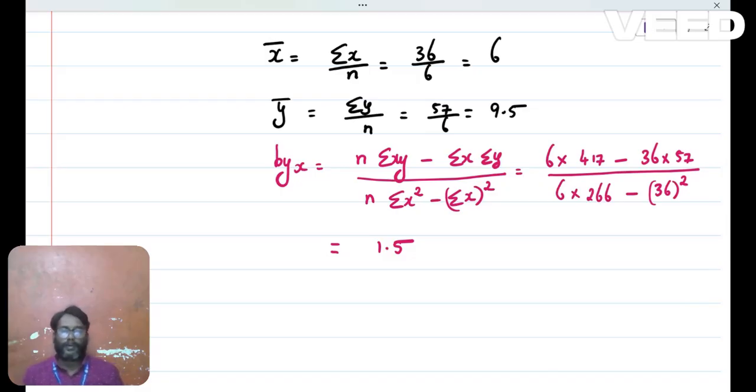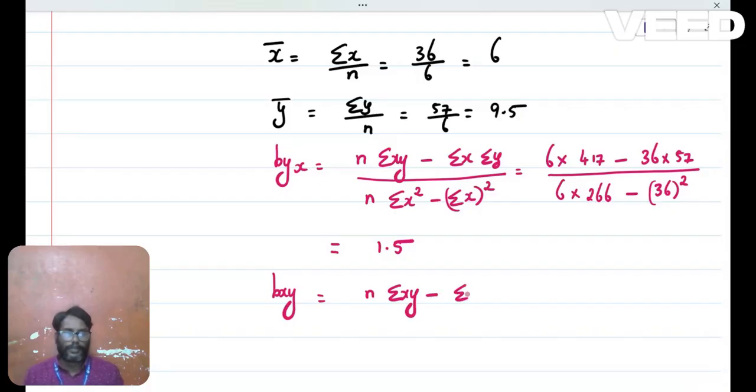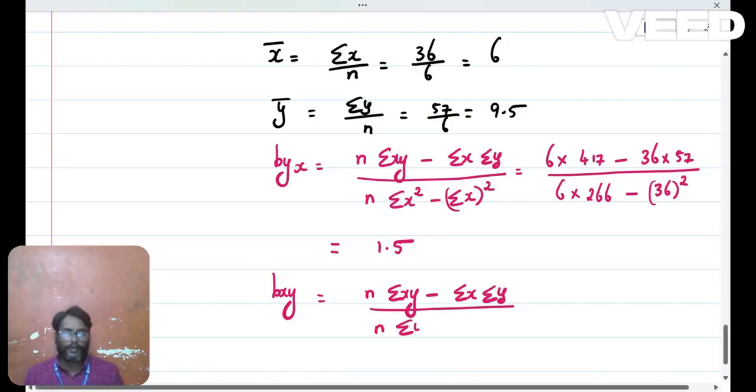Similarly, bxy is equal to n into sigma xy minus sigma x into sigma y, divided by n into sigma y square minus sigma y the whole square.